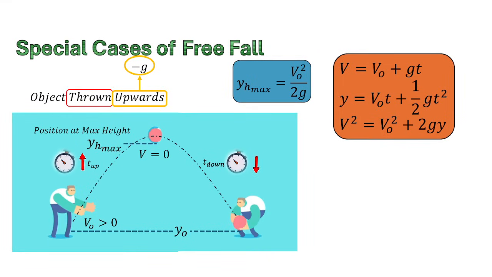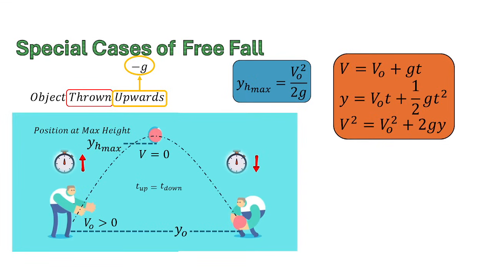a time to go up and a time to go down. This time to reach the maximum height and this time to go back to its initial position are equal, as shown in our figure.